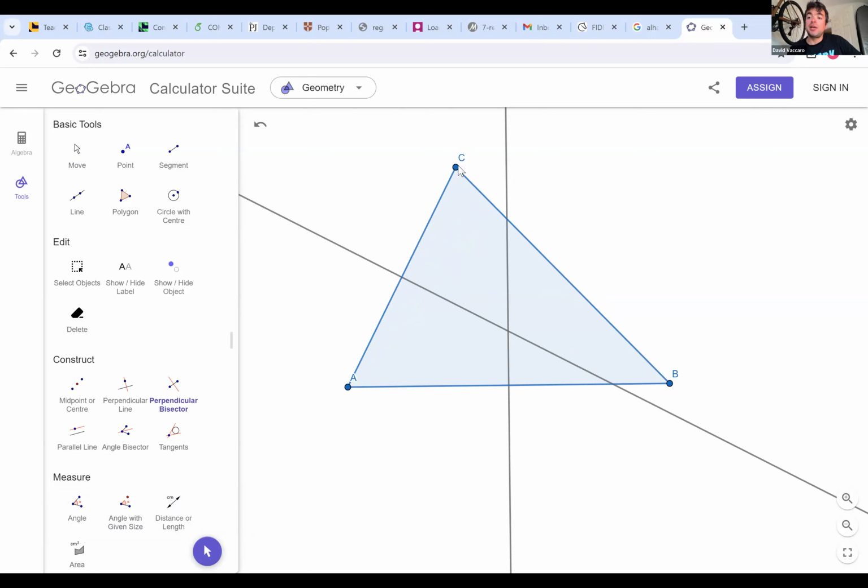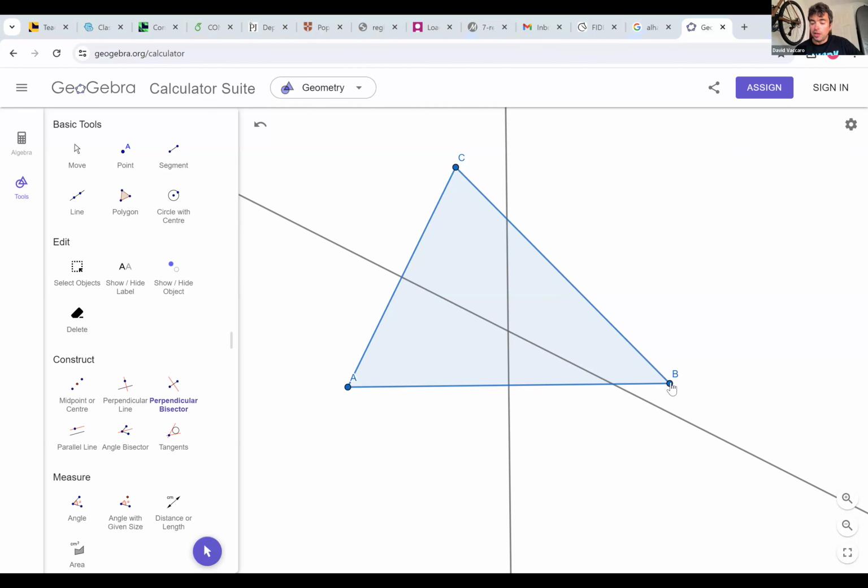And I'm going to notice something interesting. Does anybody want to guess what I'm going to notice? So Luke has suggested that they're all going to intersect at the same point.